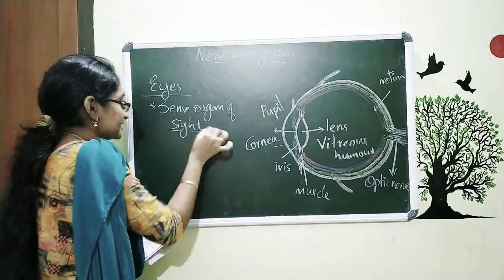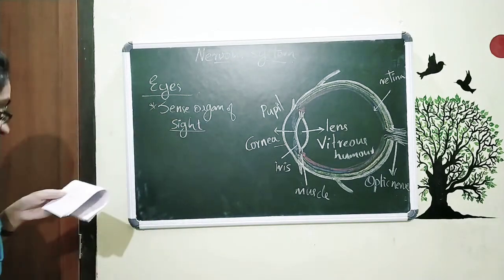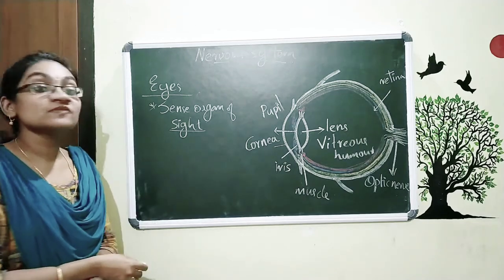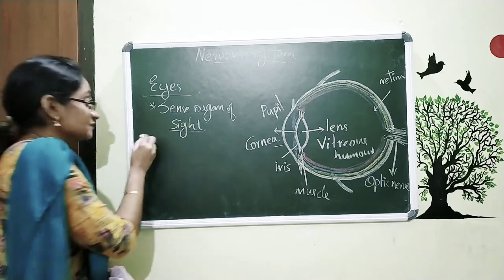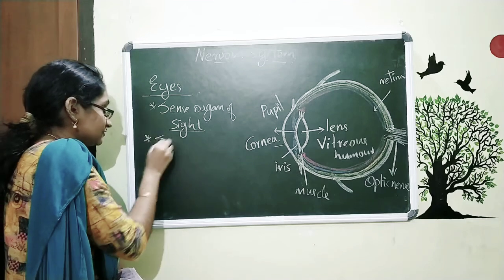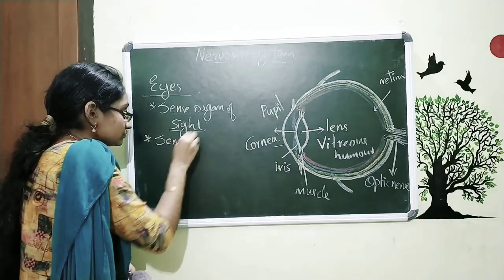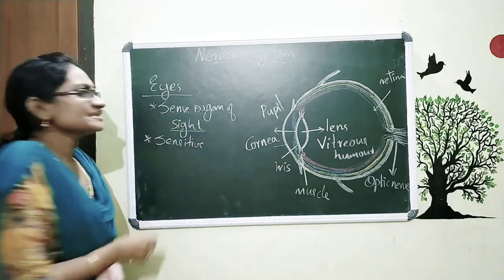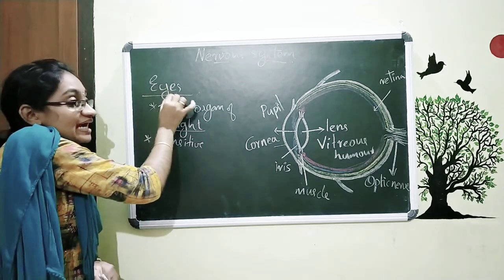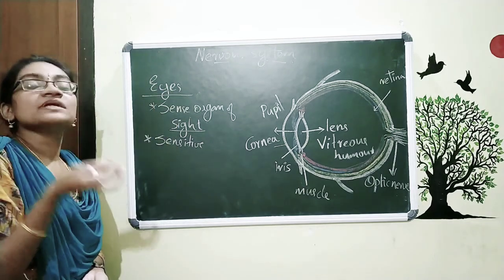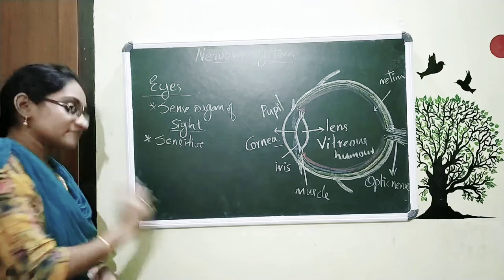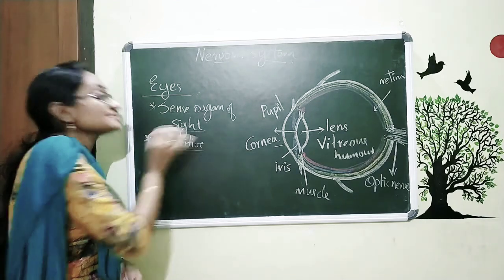And it is very sensitive. Sensitive means this eye can identify even very dim light. That's why we say it is very sensitive.